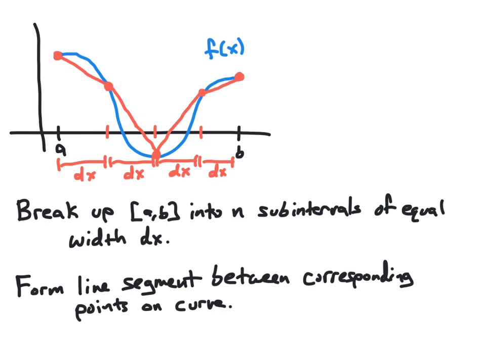So the idea here is that we're going to approximate the length of our curve by the sum of the lengths of these line segments, and then by making more and more subintervals, the line segments will be closer and closer to the actual length of the curve. Applying a limit, we can get the exact value. So for notational purposes, let's let L sub k equal the length of the kth line segment in our approximation.